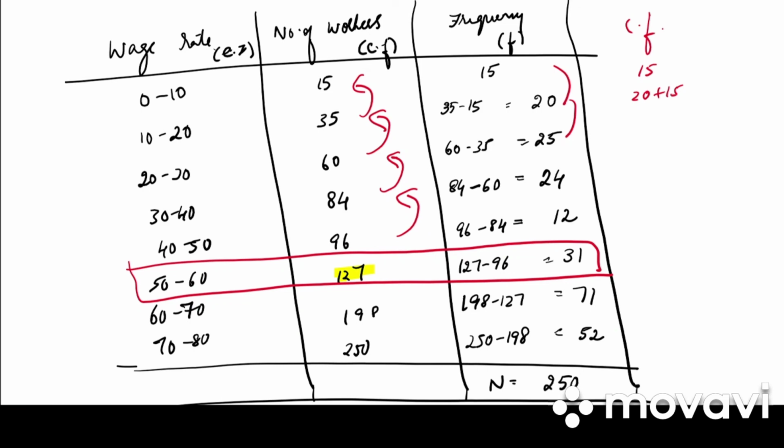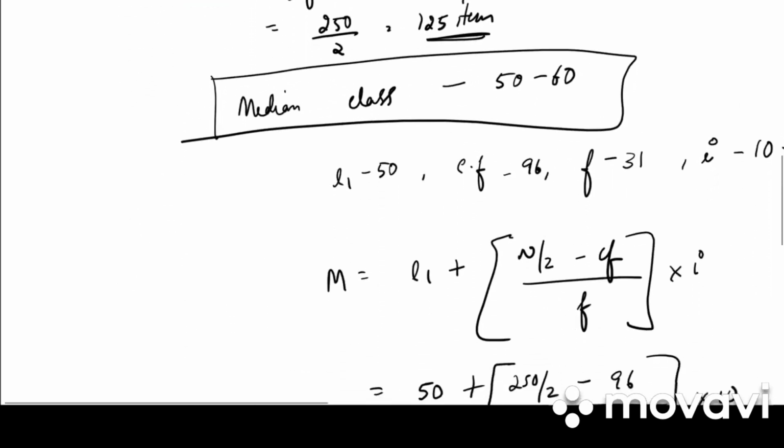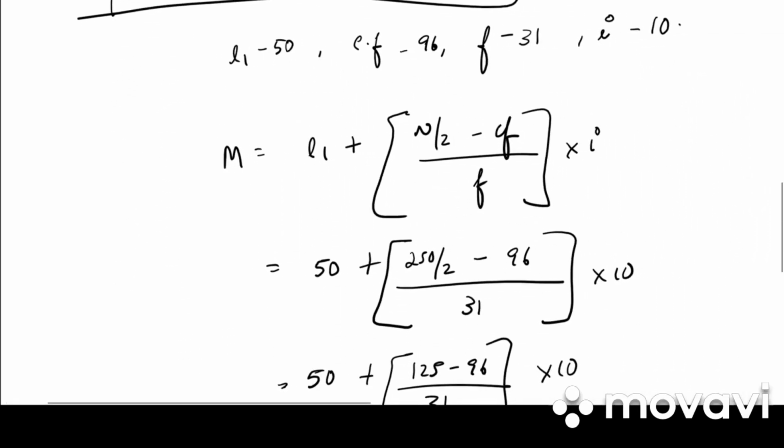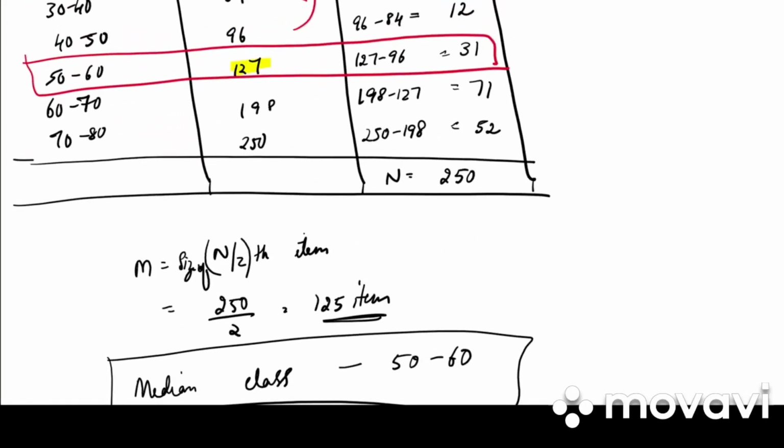So always remember this, and please do not get confused, and see what type of question has been given. According to that, you need to find out the median. The formula will remain the same, that is L1 plus n by 2 minus CF divided by f into I. Everything else will be there in the class interval except for the cumulative frequency. The cumulative frequency will be the number preceding the median class. Clear?